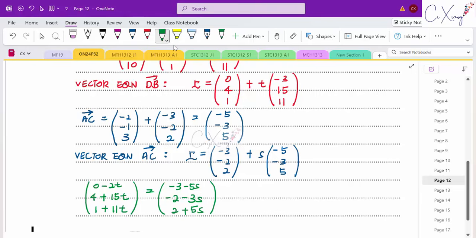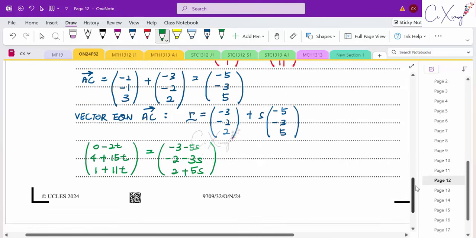So the same rule applies. You need to find the value of s, or the value of t, to get the position vector of the point P. When you equate them, if you successfully solve them, you will get the position vector for the intersection point.